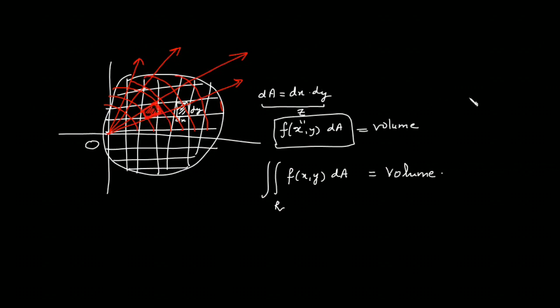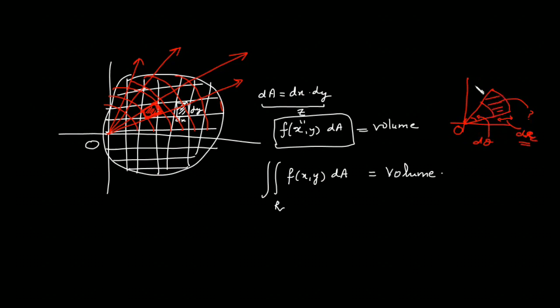Now just see, let's suppose this is your initial ray. We have to find the area of this small portion. Let this angle be d theta and this distance be dr. So we have to find out the area of this small portion.